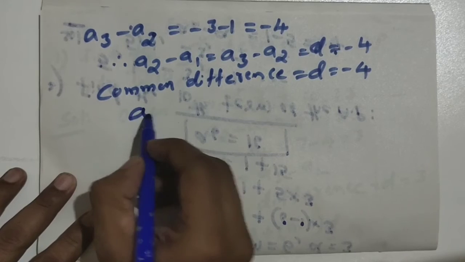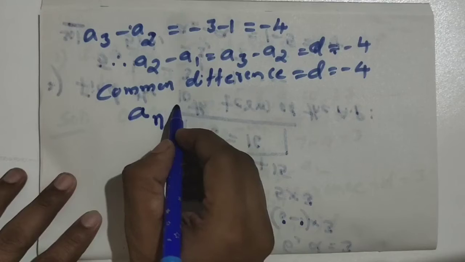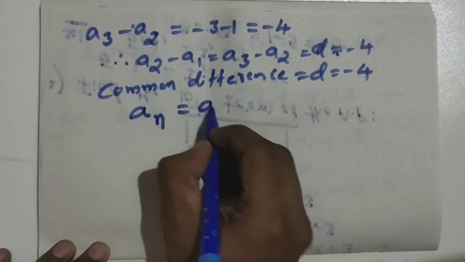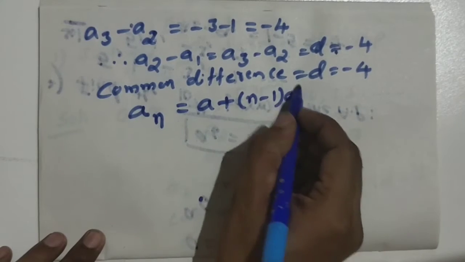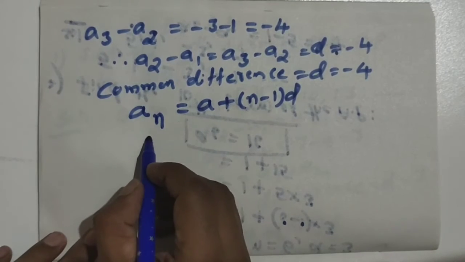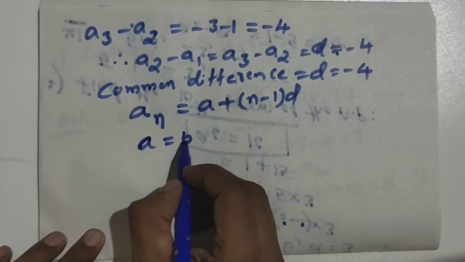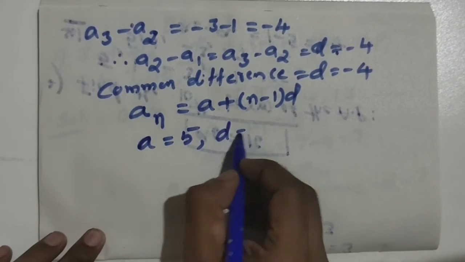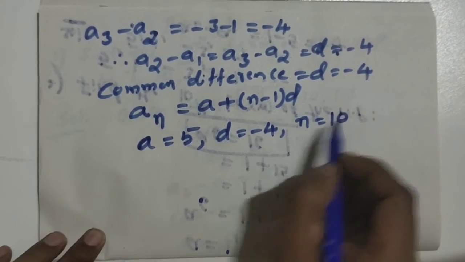For that also we need the nth term formula. What is the formula? An is equal to a plus n minus 1 into d. Here we have a value 5, d is minus 4, and we need the 10th term.